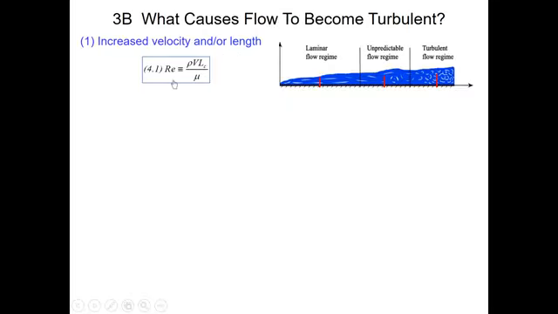Based upon the definition of Reynolds number, if the characteristic length is increased, the laminar flow may develop into a turbulent flow, or the coming flow velocity is increased, the flow will become turbulent.